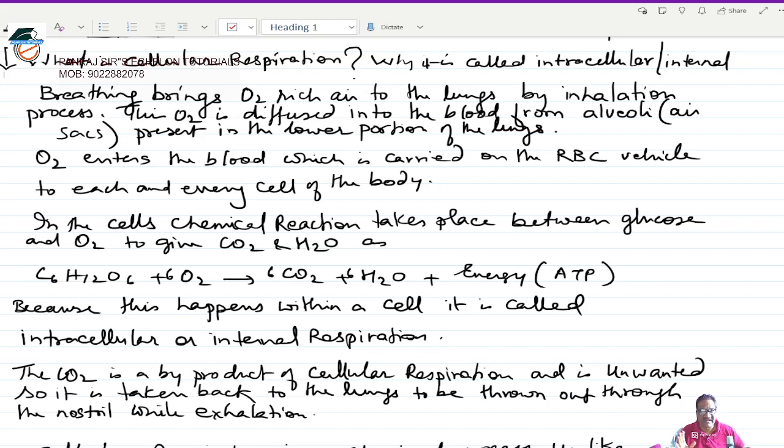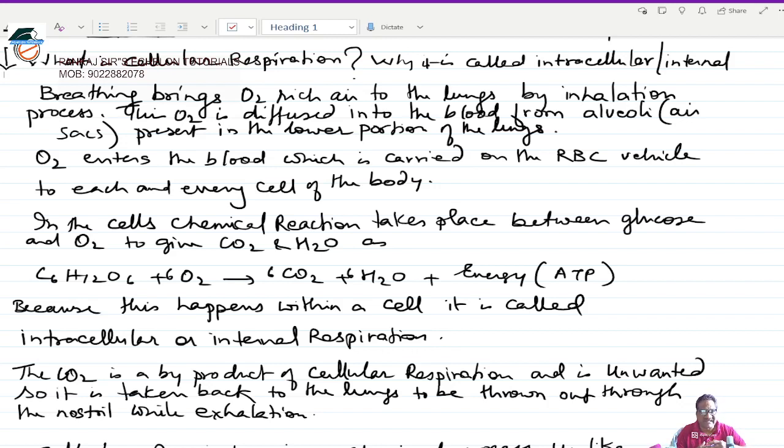And the third thing I discussed in the previous video was what happens while inhaling and exhaling: how the rib cage moves and how the diaphragm moves. That is what I discussed in breathing. And breathing is also called external respiration. All this I had discussed in the previous video.